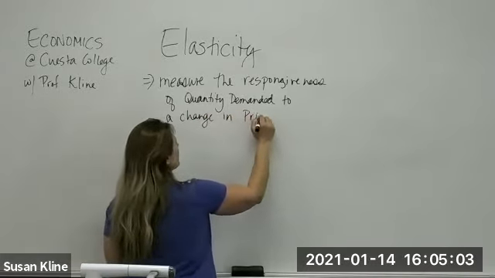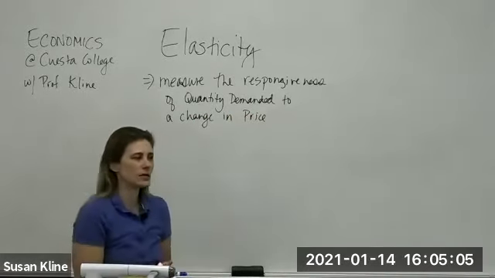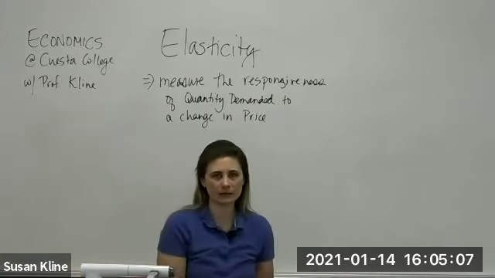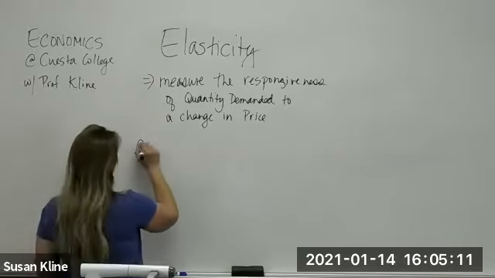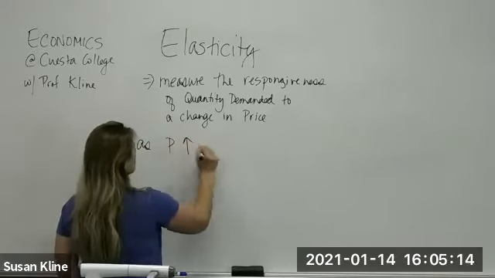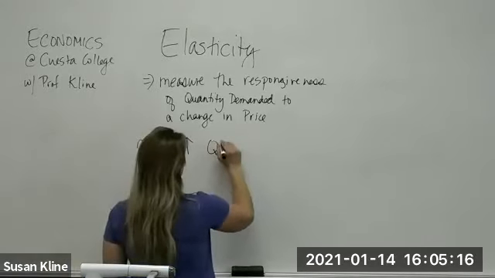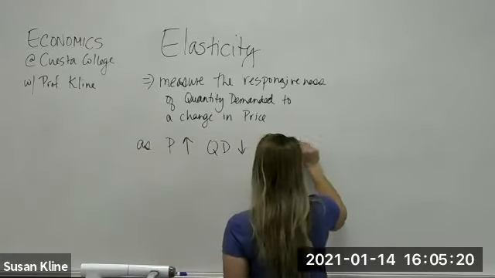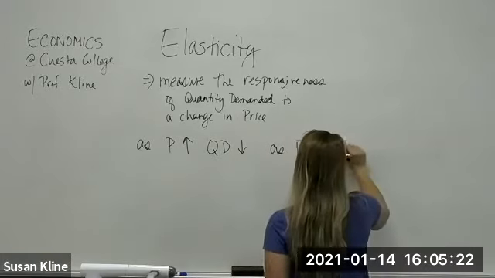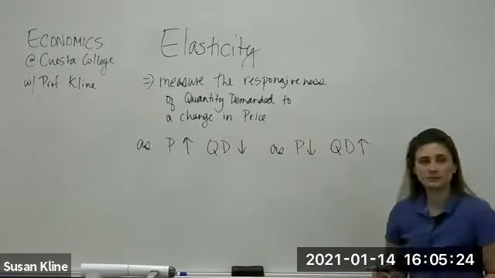So what we're seeing is, if price goes up 10%, what's going to happen to the quantity demanded, right? Now, from the law of demand, you should recall that as price increases, quantity demanded falls, and vice versa. As price falls, quantity demanded increases, right?